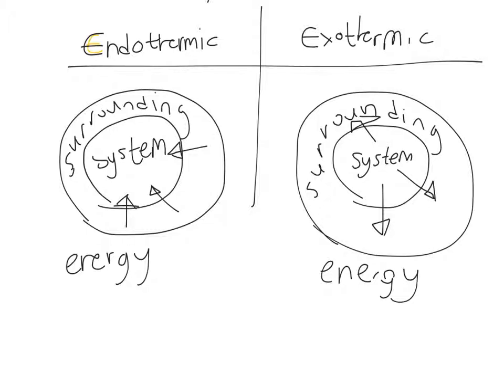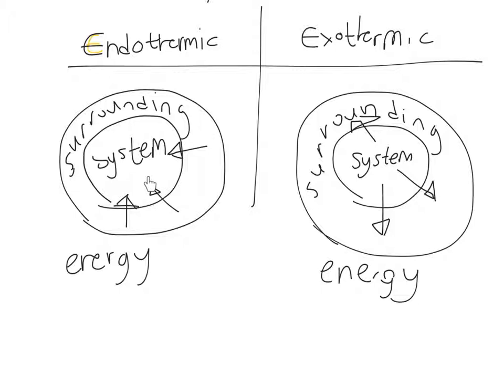And so let's think about what this means for our potential energy or kinetic energy of our systems. If we're talking about our endothermic reaction, we have energy going into the system. What that means is it's going to result in an increase in potential energy. So the products are going to have more energy than the reactants.